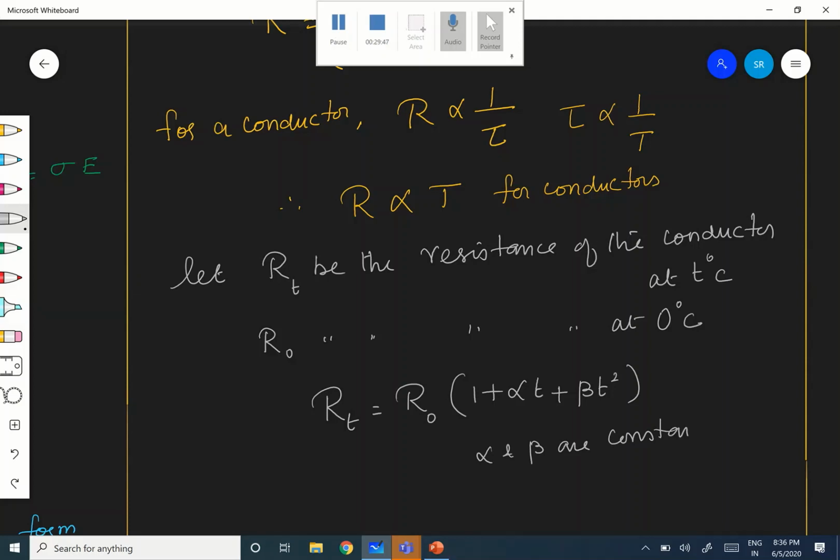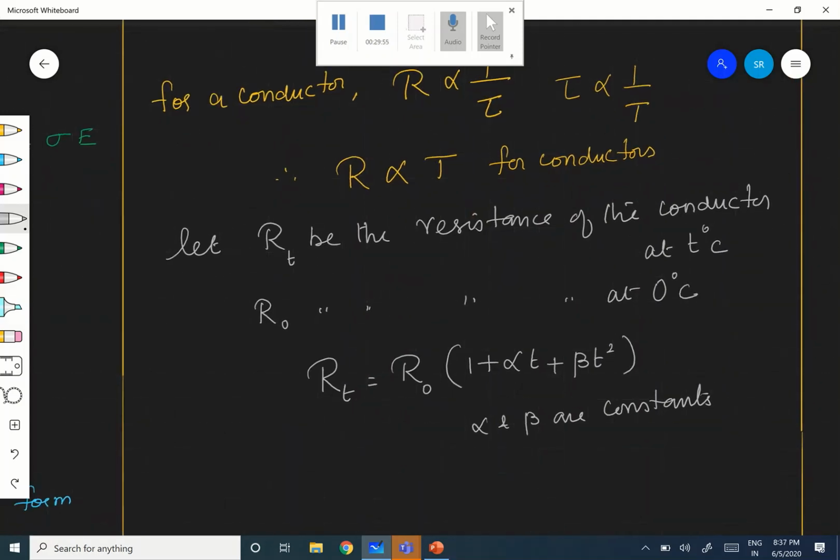Okay, and these constants differ from one metal to another metal, one conductor to another; alpha and beta change. Okay, it varies.